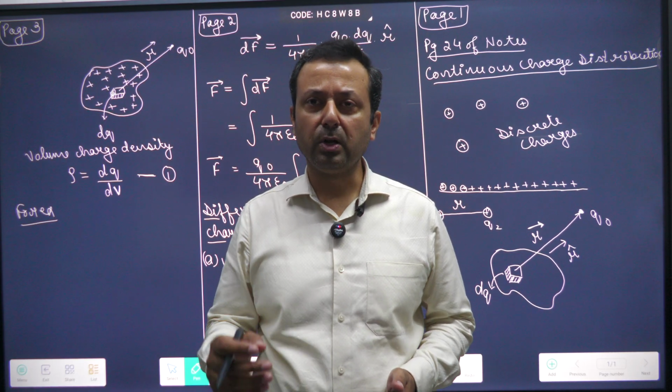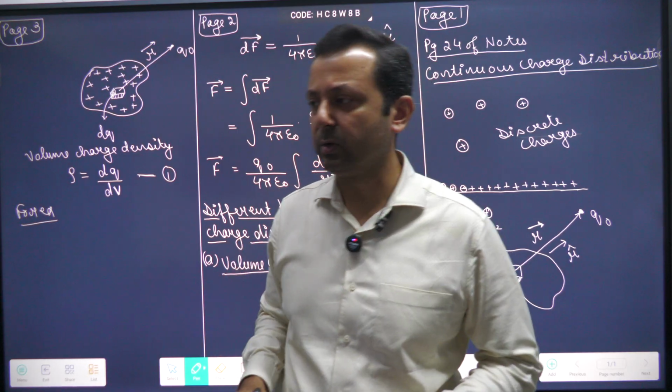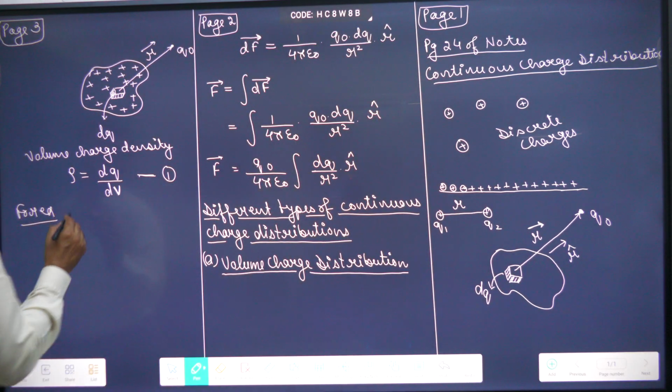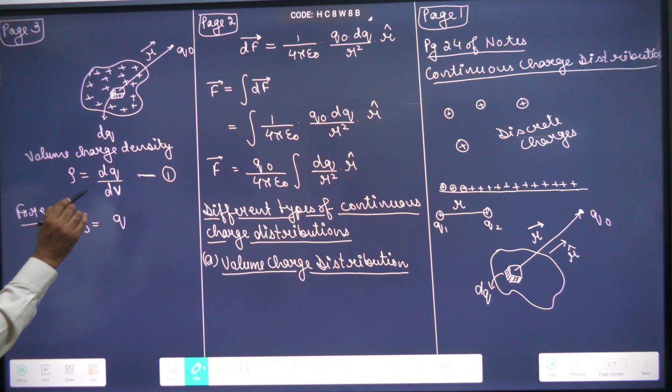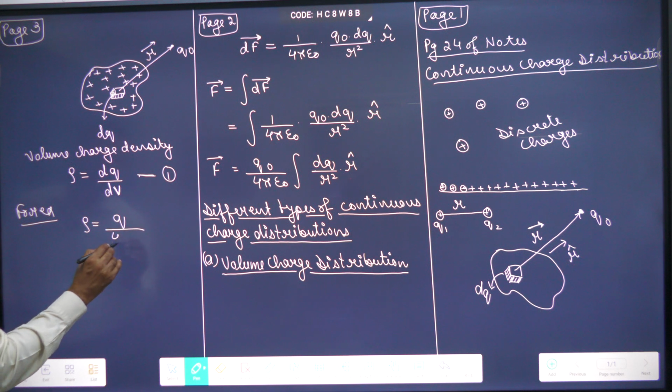We know that volume of a sphere is 4 by 3 pi r cube. So volume charge density in that case will be Q divided by 4 by 3 pi r cube.